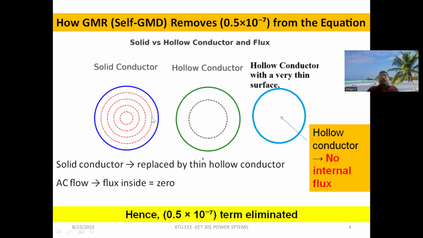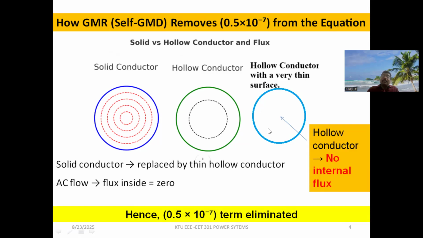But if you change that solid conductor into a hollow conductor, then there is no current through the inner portion. Only the outer portion of the conductor carries current. Now we consider that the hollow conductor has a very thin surface, so that the entire inner portion has no current.